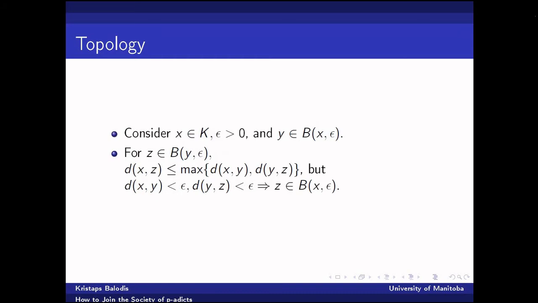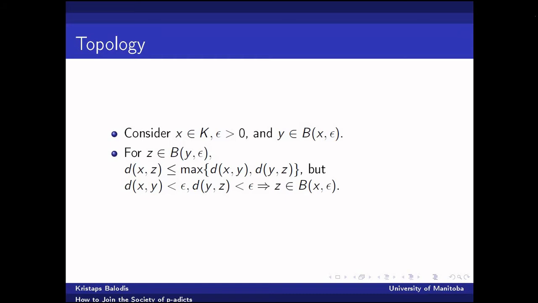Well, if I take some arbitrary z in the epsilon ball around y, then transporting our properties of the non-Archimedean norm over to the now non-Archimedean metric, the distance from x to z is going to be at most the distance from x to y and from y to z.